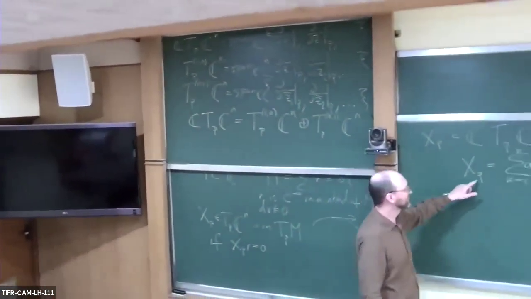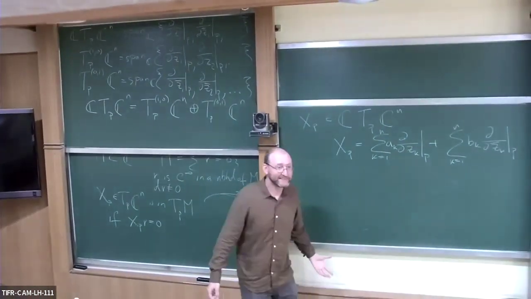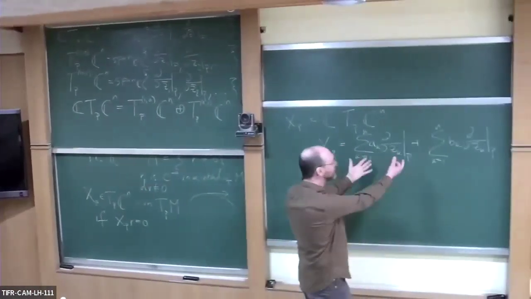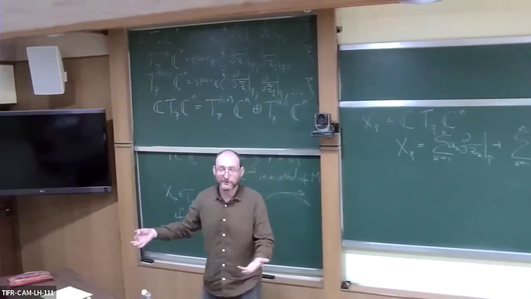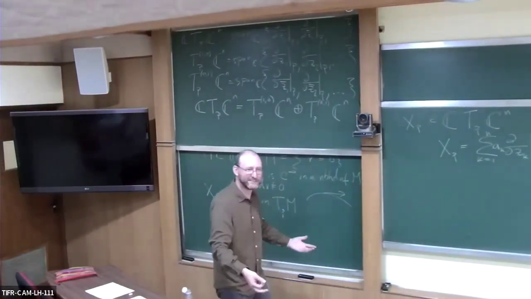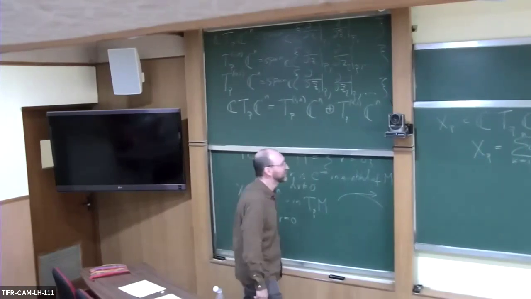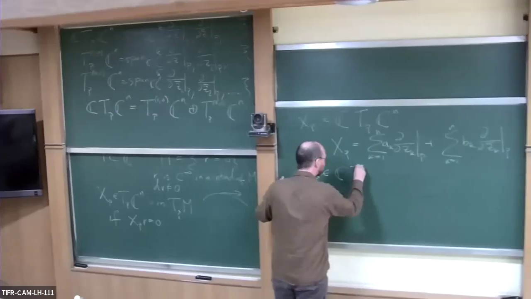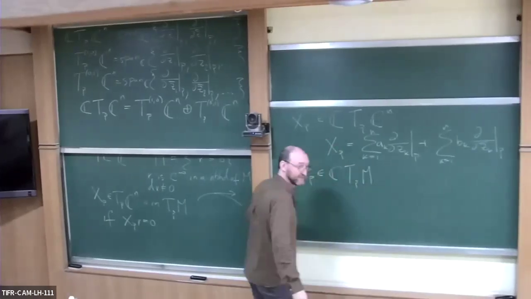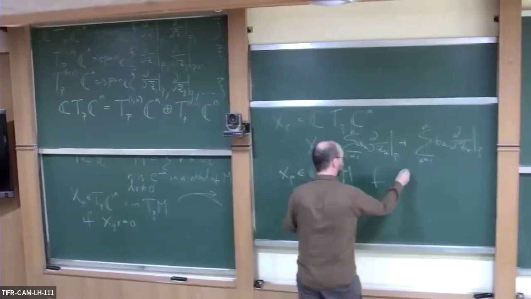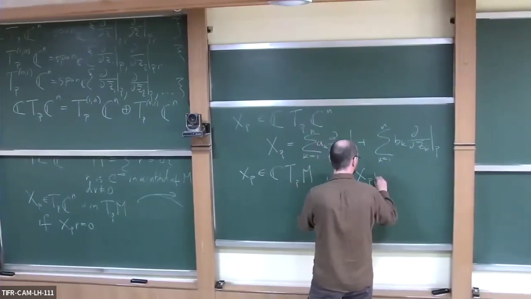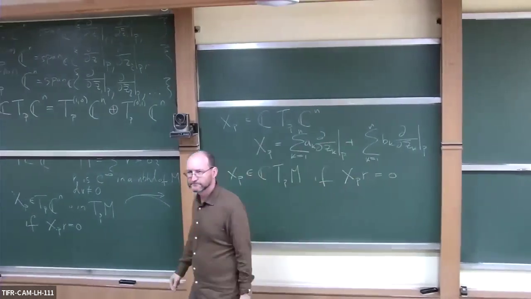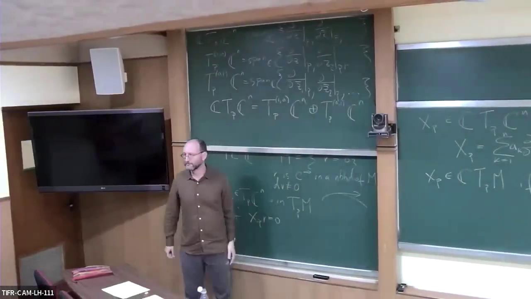We're at a fixed point, right? So we can easily just apply this to R. We're just taking these derivatives, right? You could write this in terms of the x's and the y's if you want to. Of course, we don't want to. We don't write it in terms of the z's and the z-bars. So you have that X_p is in the complexified tangent space of M. Again, X_p applied to R, I differentiate along X_p, I get 0.